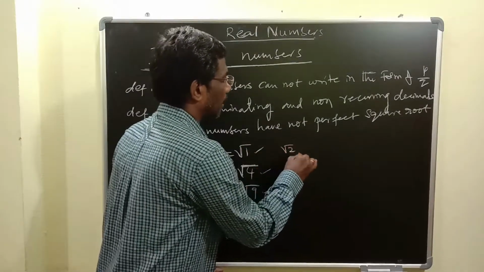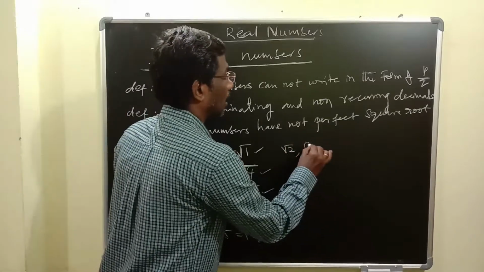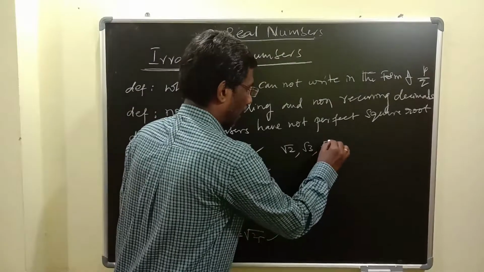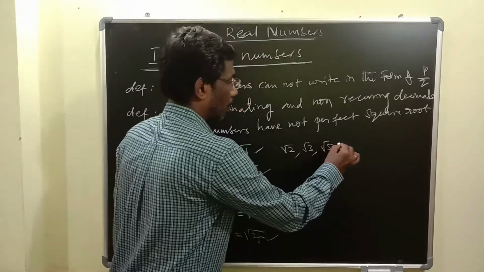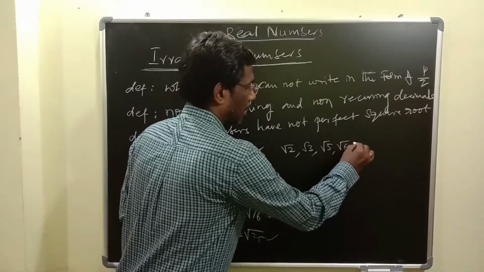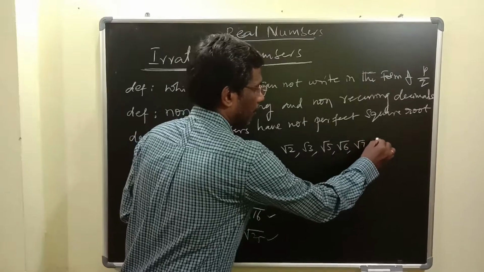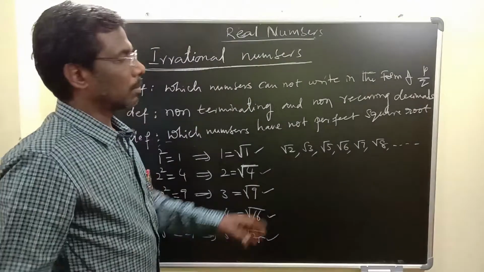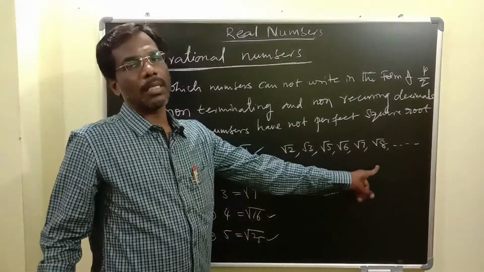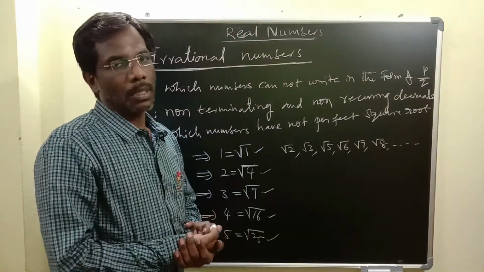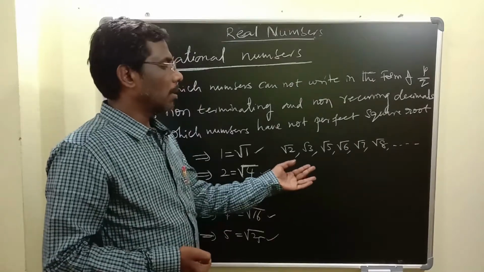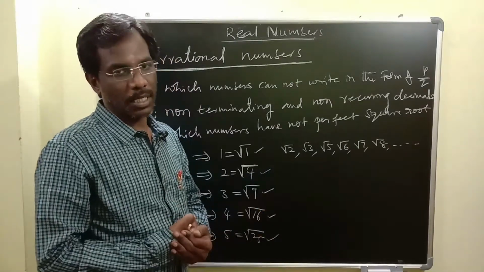Root 2 is missing and root 3 is also missing. Root 4 is there, root 5 missing, and root 6, root 7, root 8, and so on. These types of numbers are called irrational numbers.